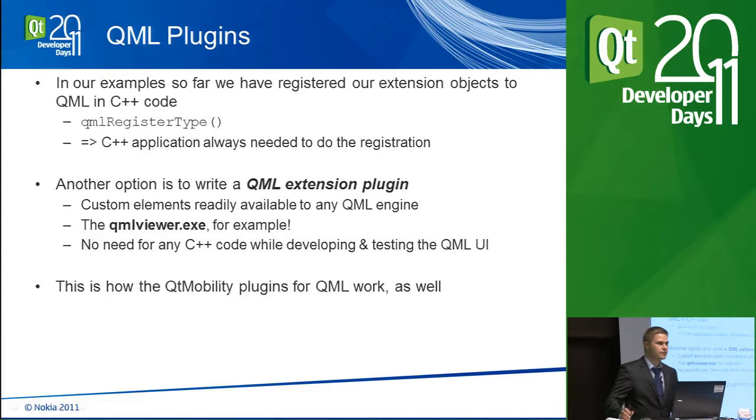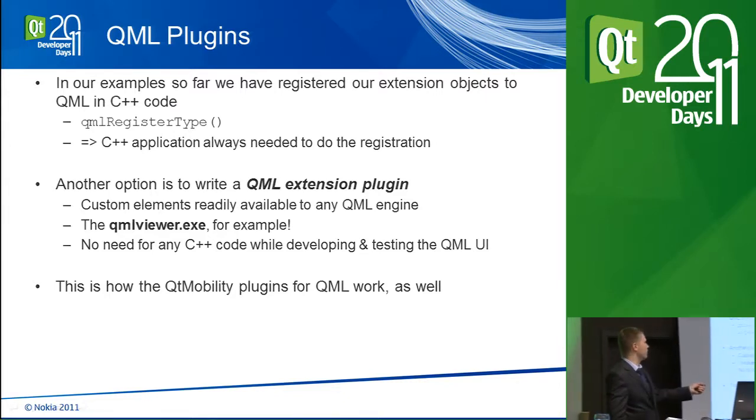In the previous case, the two examples implemented new types that are available for that specific application. But we might want to implement something that's available for all the applications that are installed on a specific device, meaning that we can install new modules system-wide. And to do that, we can use a QML extension plugin.